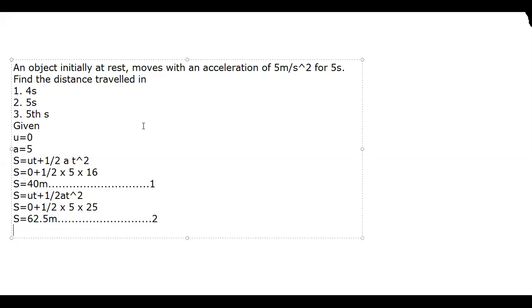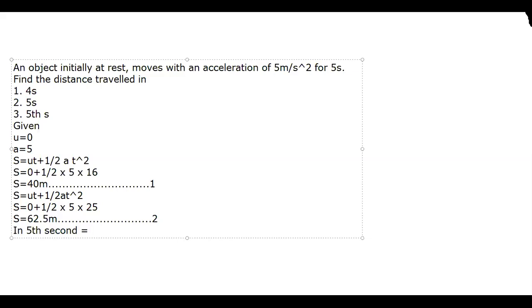Now find the distance traveled in the 5th second. After the interval of 4 seconds the distance was 40, and after 5 seconds the distance traveled is 62.5. So in the 5th second, you will find it will be how much?